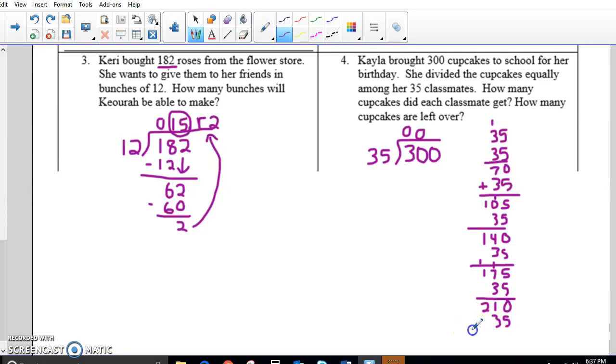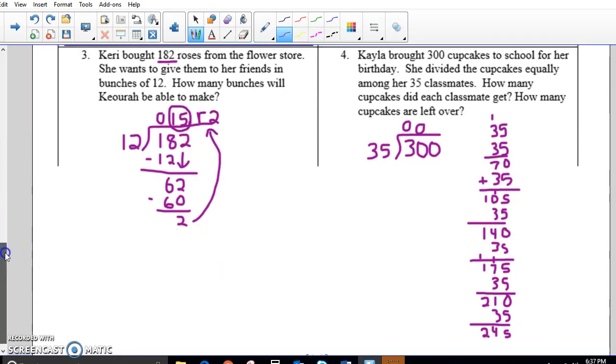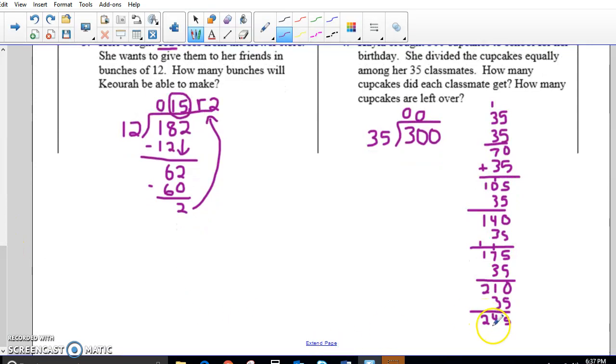Don't worry about that. So I got 5 and 4 and 2. 245. You know what? I think I could fit another one in. Let's see. Let's add another 35. And I'll get 10 over here. Carry that.